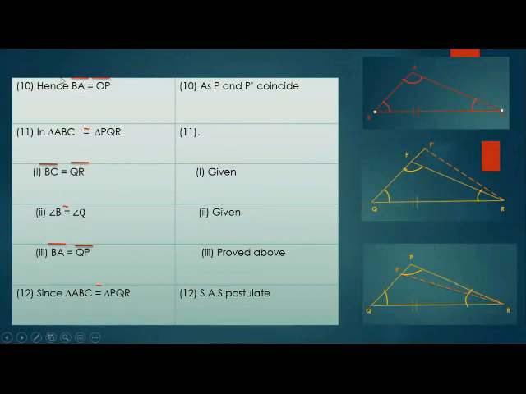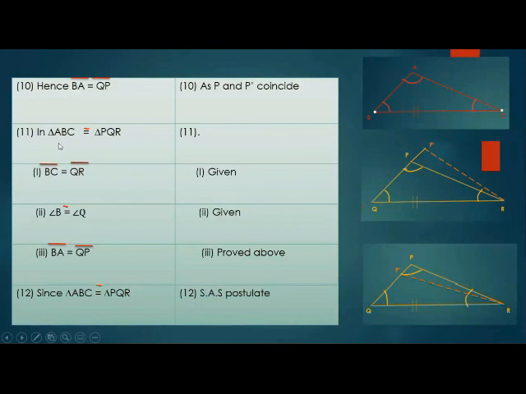So what is the case over here? The case says that triangle ABC is congruent to triangle PQR. So hence BA is congruent to PQ. Why? Because we are supposing that both the points P and P dash are coinciding with each other.